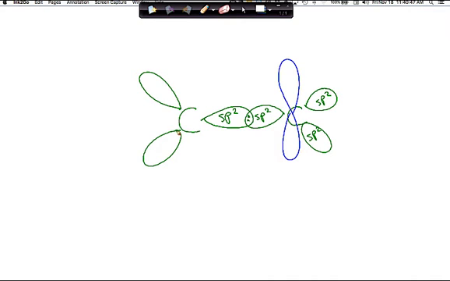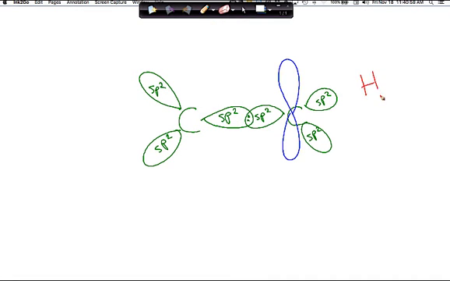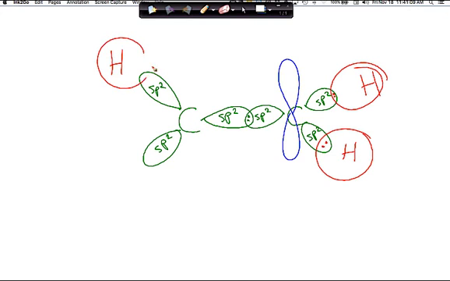And these are also sp2s. So just to keep this as simple as I can, let me bring in a hydrogen atom. It's got a 1s orbital. We end up with a shared pair. Another hydrogen atom, another shared pair, another hydrogen atom, another shared pair, another hydrogen atom, another shared pair.